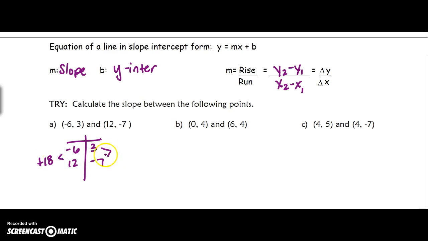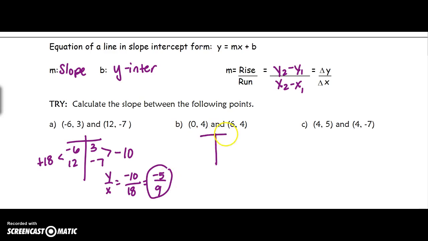Here, how many units is it from 3 down to -7, and you're going down, so it's negative, a -10. So you do y over x, so your y value is -10, your x value is 18. If you simplify, you can divide by 2, which gives you -5 over 9. So the slope is -5 over 9.